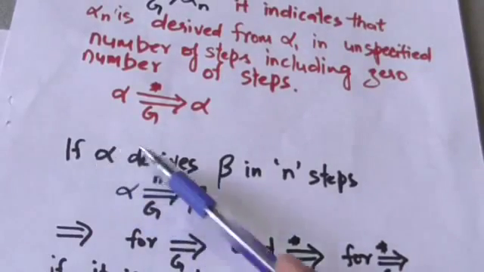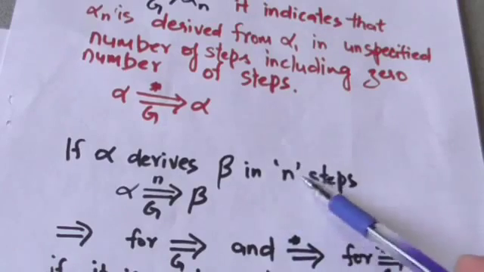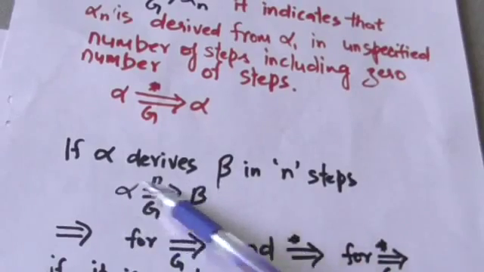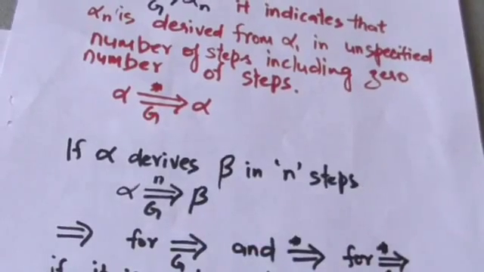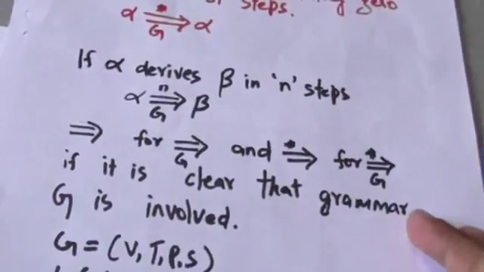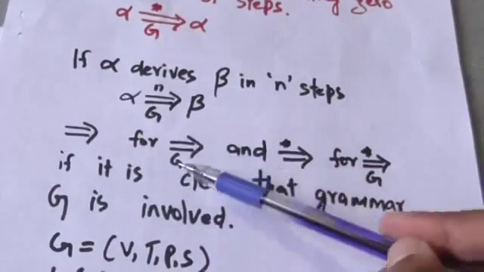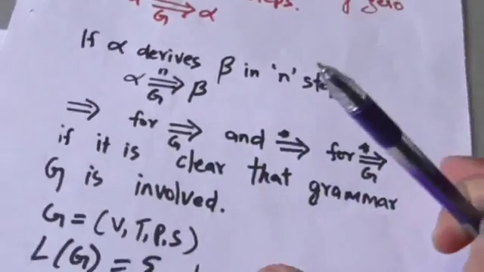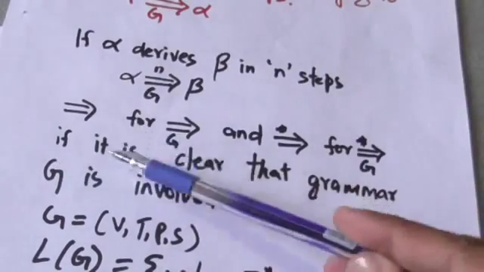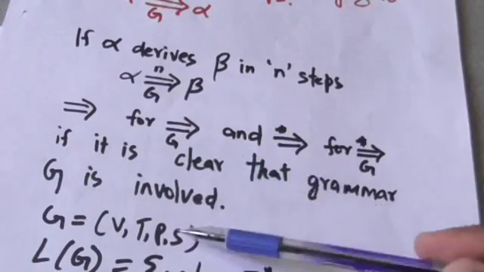If alpha derives beta in n number of steps, then we can specify it as like this, right? We can use this symbol for this symbol, and we can use this symbol for this symbol if it is clear that grammar G is involved, right?